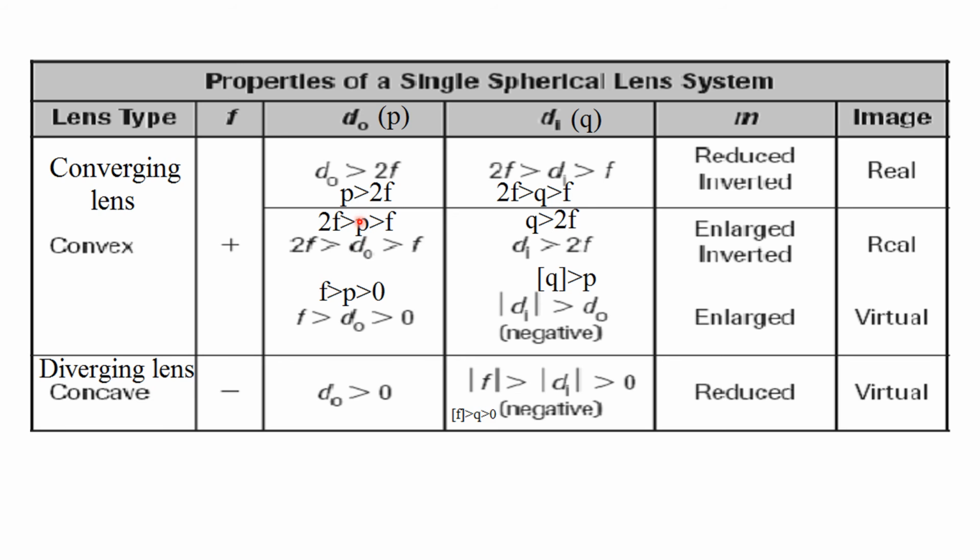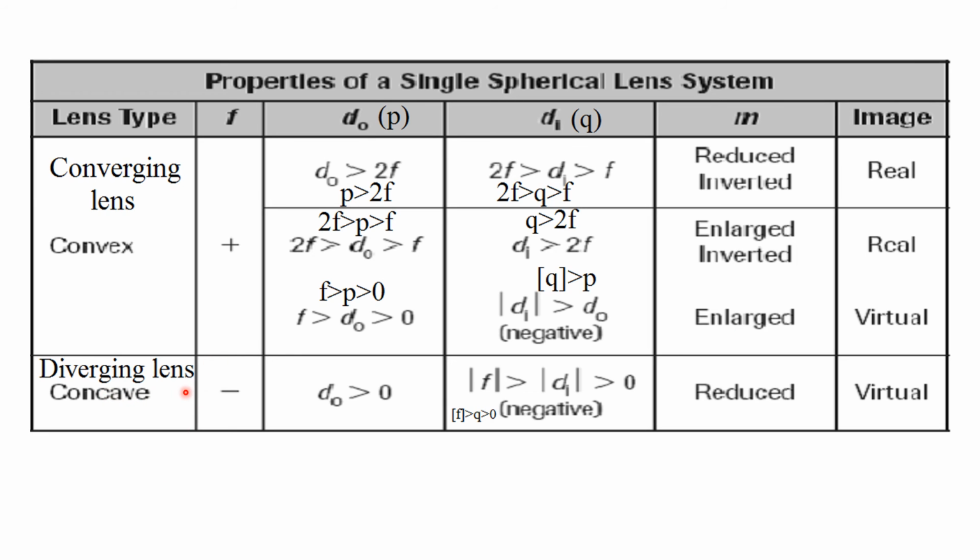When the object is between the focal distance and 2 times the focal distance, the image is real, larger than the object and inverted. And when the object is between the lens and the focal distance, the image is virtual and larger than the object.